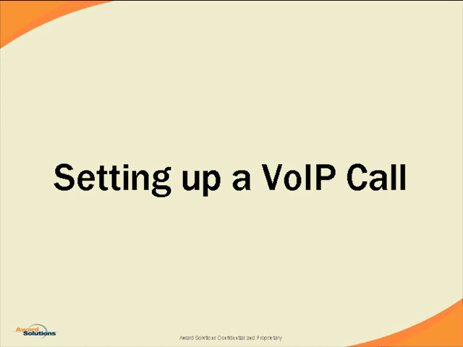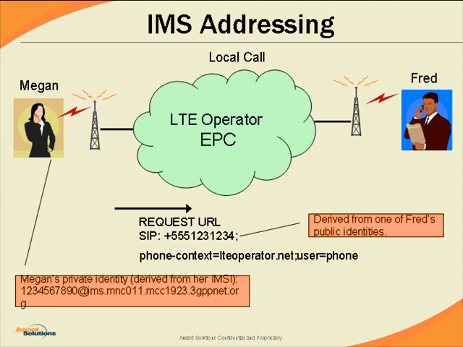Now, we go into a little more detail of how to set up a voice over IP call. I gave you an extremely high-level view, maybe a 64,000 feet view, but now we are getting more specific. Okay, now when we make a call, we have to identify the user, the destination party that we are trying to reach. So how do we do that? So here is just one example.